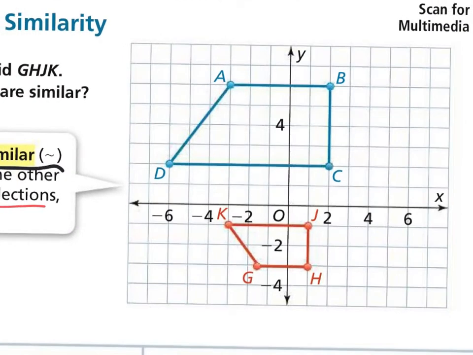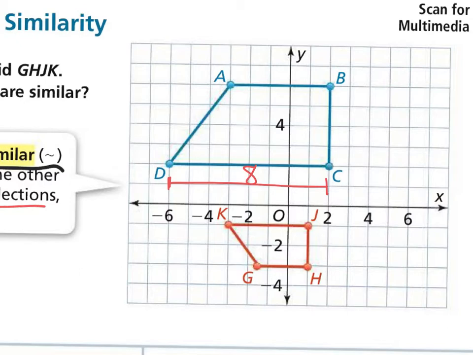To see if they're similar, one thing we can do besides going through all those transformations is look at the side lengths. If we have any straight sides, we're going to look at the side lengths of those. So for example, from D to C, we're going from -6 to 2, or you can count the boxes, that's 8.